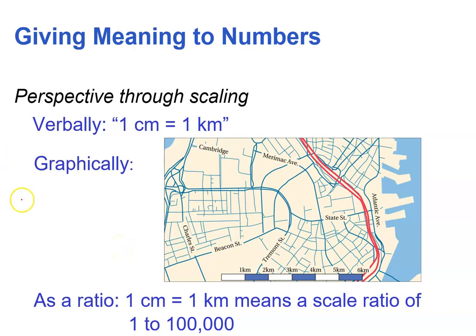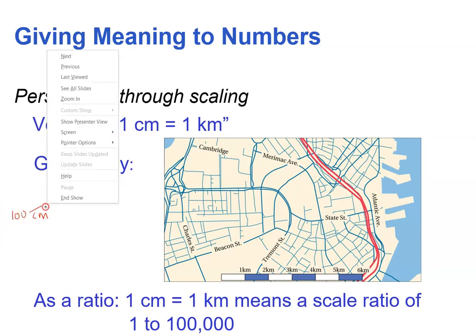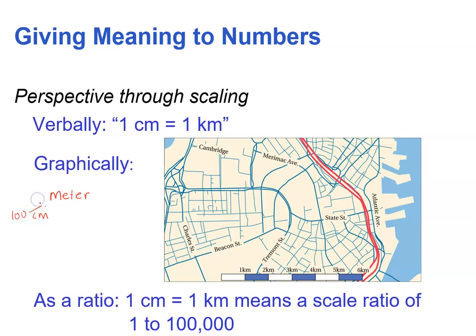So let's talk about that really quick. A centimeter, so if we talk about a meter, which would be our base unit, there are 100 centimeters in a meter. There are 1,000 meters in 1 kilometer.